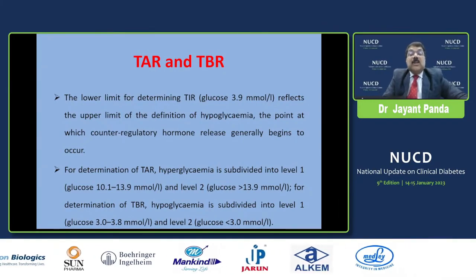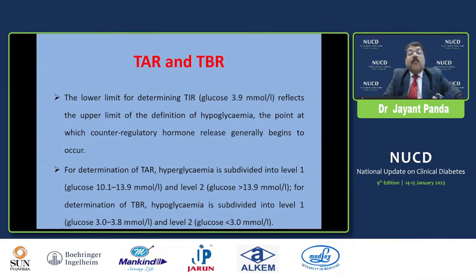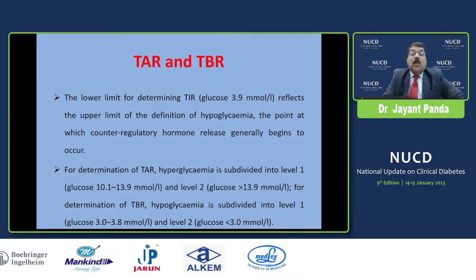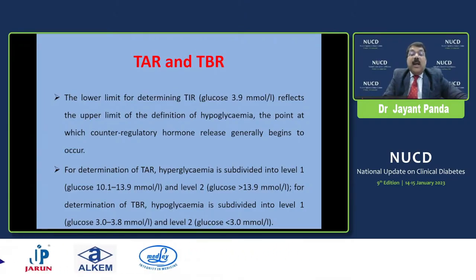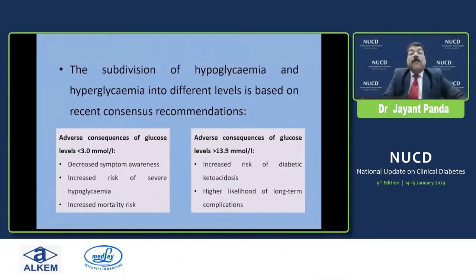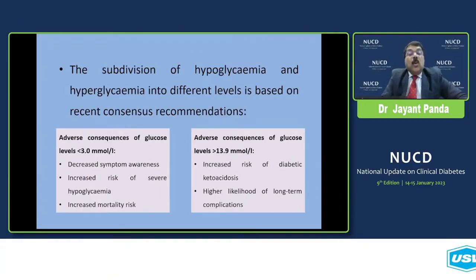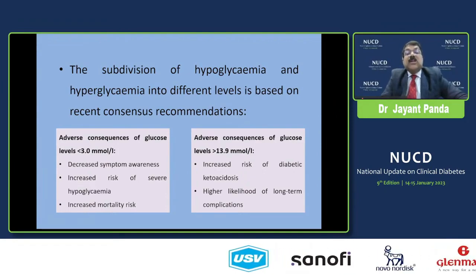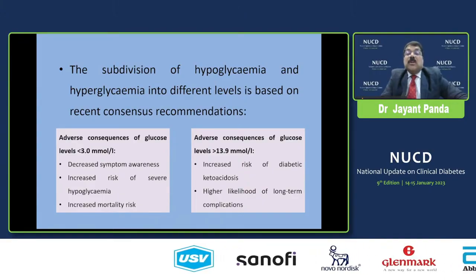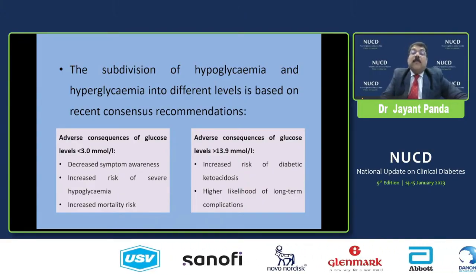So if you take these two, time above range and time below range, hyperglycemia and hypoglycemia are further classified. Based on the consensus recommendations, the low glucose level brings decreased symptom awareness, increased risk of severe hypoglycemia, and increased mortality risk, and the adverse consequences of the glucose levels come in this category.